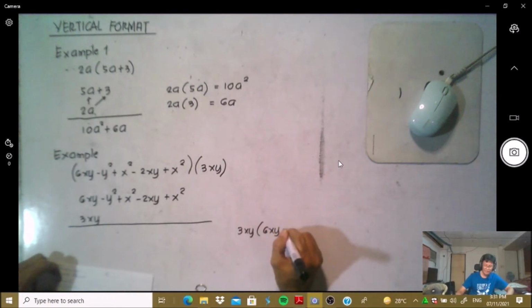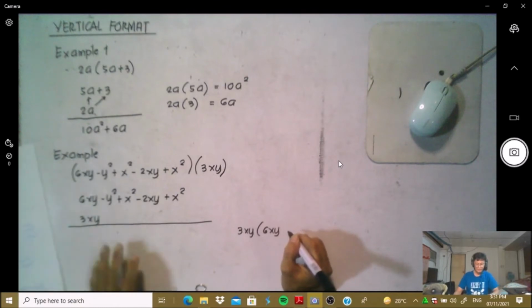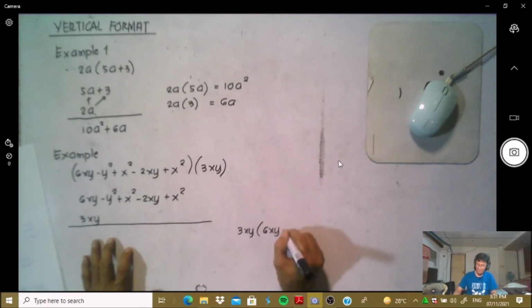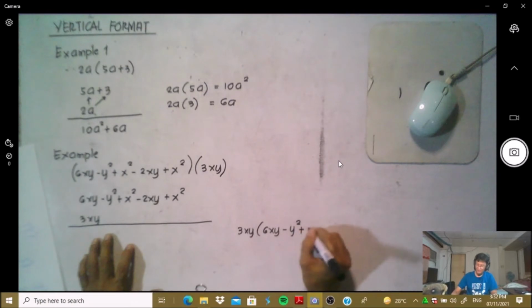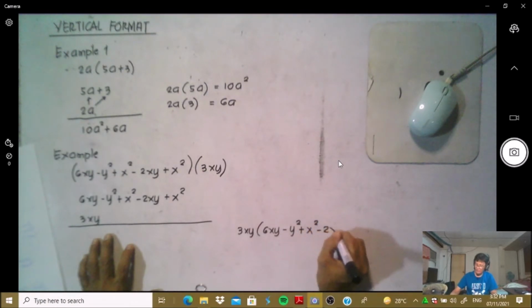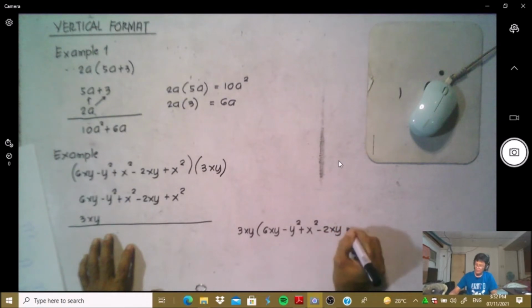Then next will be minus y squared, then plus x squared minus 2xy plus x squared.